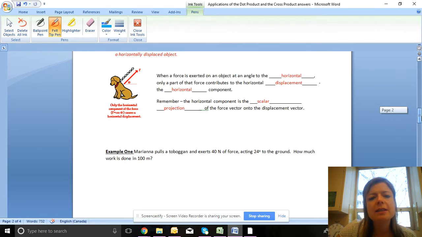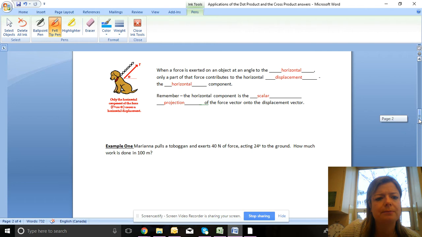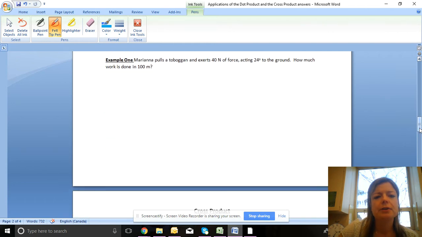So when a force is exerted on an object at an angle to the horizontal, only a part of the force contributes to the horizontal displacement, the horizontal component. So that's why it's the scalar projection of the force onto the displacement vector. In this example, Mariana is pulling a toboggan and exerts 40 newtons of force, acting 24 degrees to the ground.